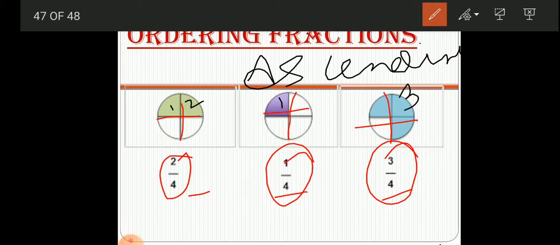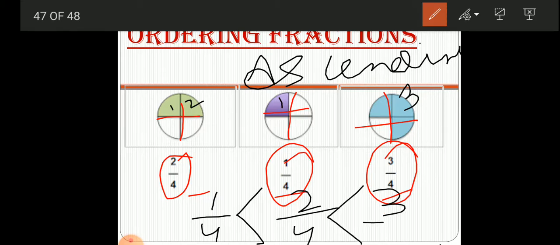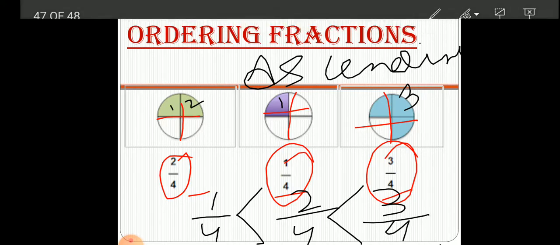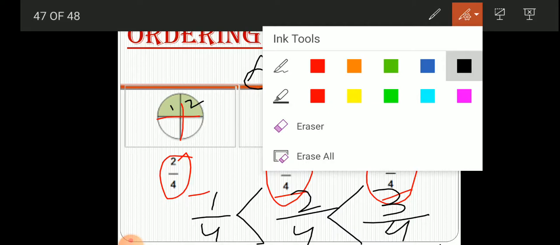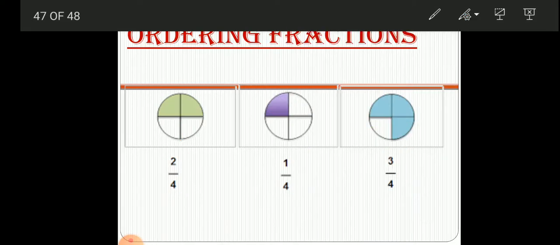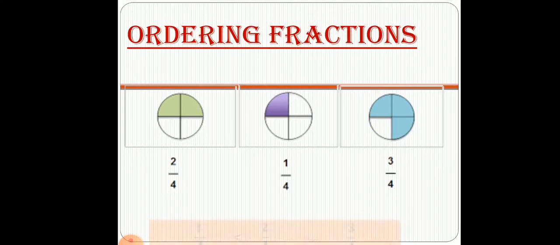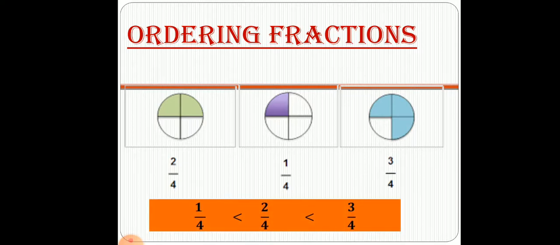So the fraction 1 by 4 will be smaller, then it will come 2 by 4, and at the last it will come 3 by 4. So in this way we can order the fractions in an ascending order or descending order as we want. As you can see here, it has been done in ascending order, that is smaller to bigger.